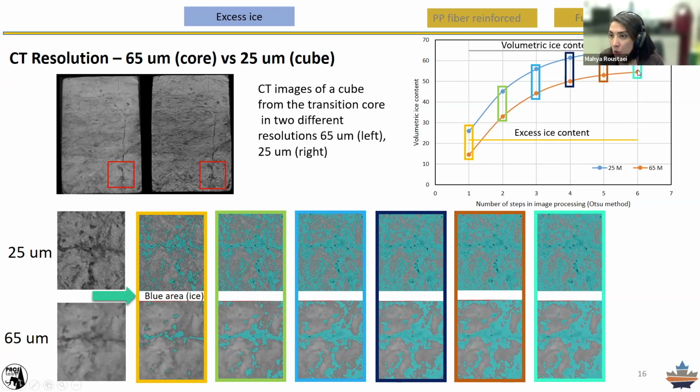But it's also showing us that with some resolutions, let's say 65 micron for this silty sample, we can never reach the final volumetric ice contents with lower resolution. So the higher resolution will definitely work well. And also we can see that the amount of ice is decreasing exponentially, and it's showing the reliability of the CT method for us.